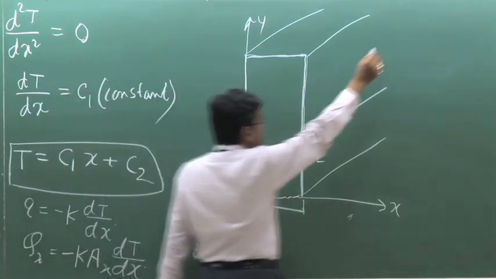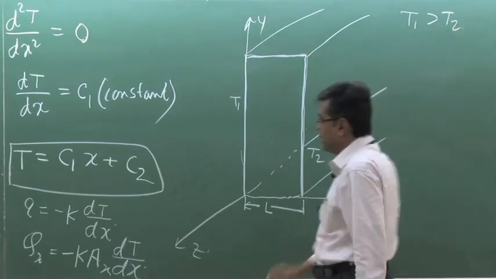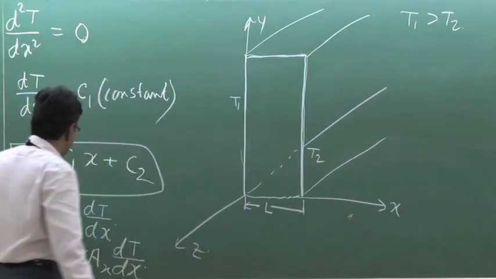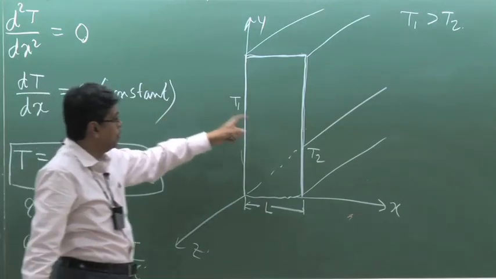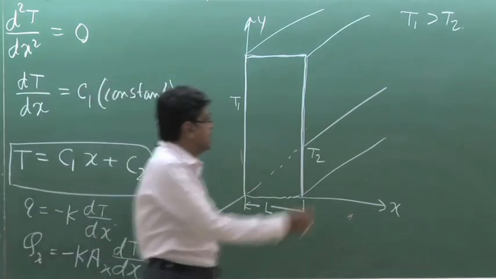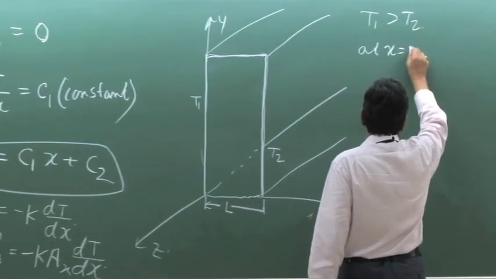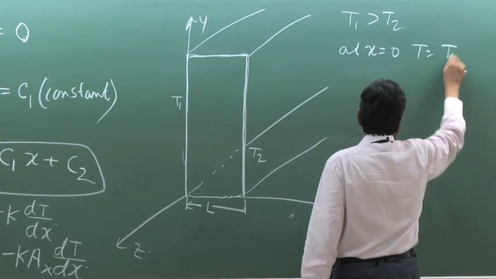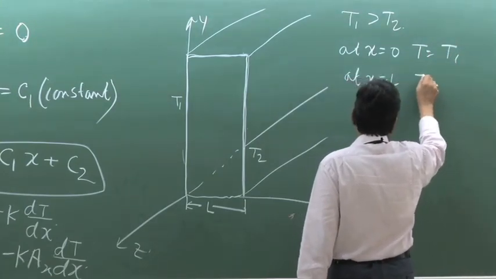with T1 greater than T2. If we solve this equation, the two constants C1 and C2 will be found from these two boundary conditions, which is very simple: at x equals 0, T is equal to T1, and at x equals L, T is equal to T2.